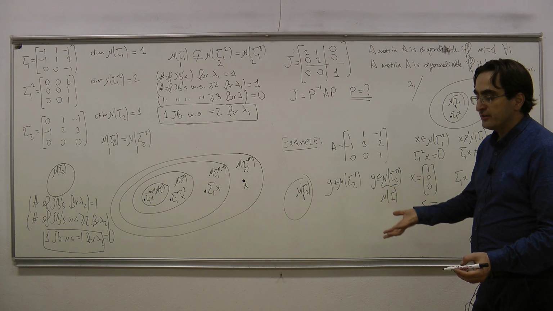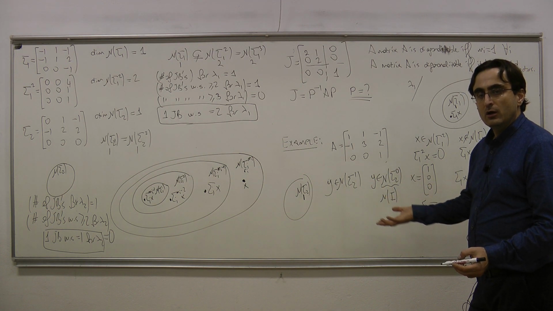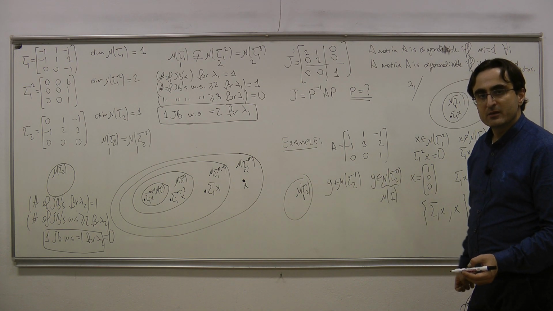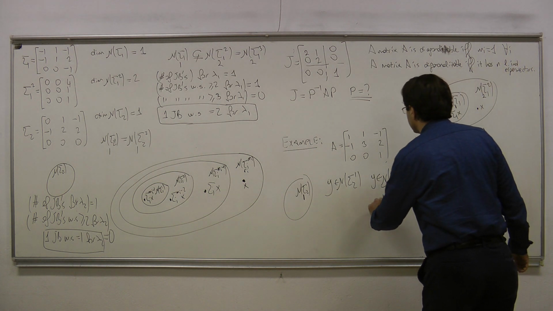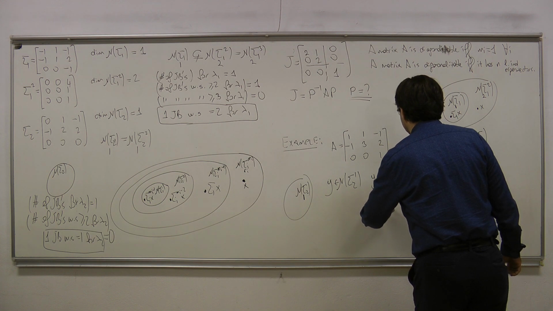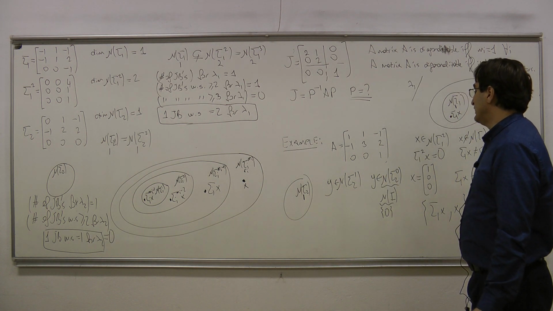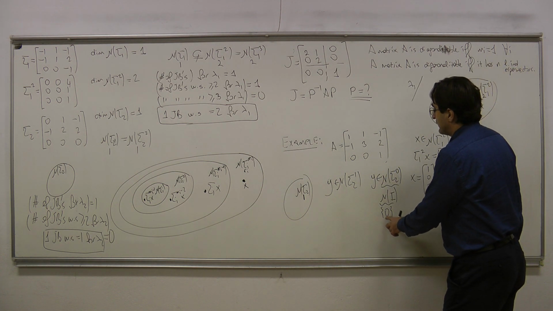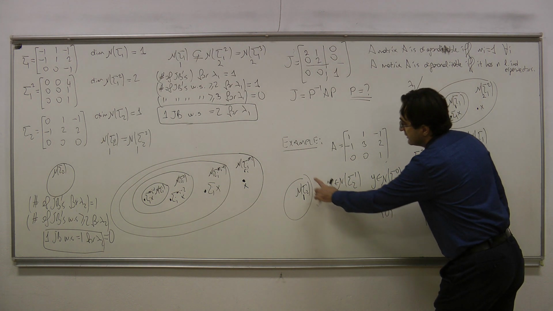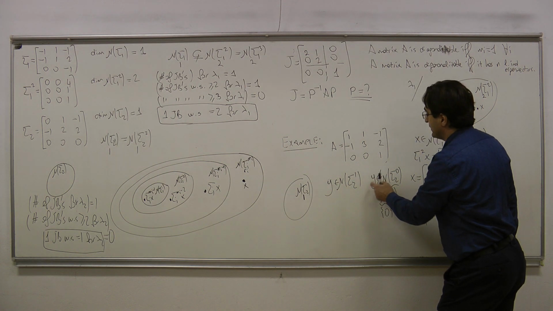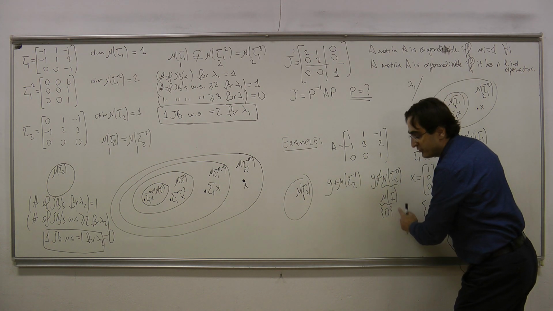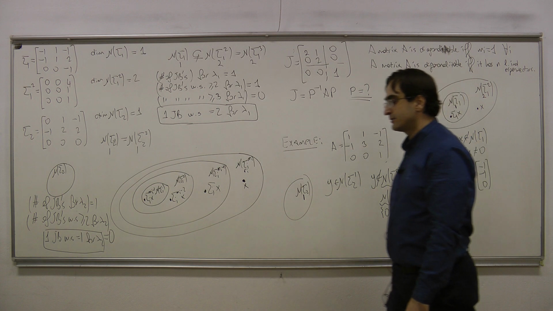Which x vectors give 0 when I multiply them with the identity matrix? It is only the 0 vector that will satisfy that null space condition. So the null space of the identity matrix is composed of only the 0 vector. I want my y in this largest null space, but my y should not be in the inner null space, which is composed of only the 0 vector.